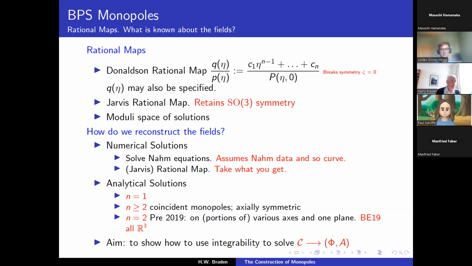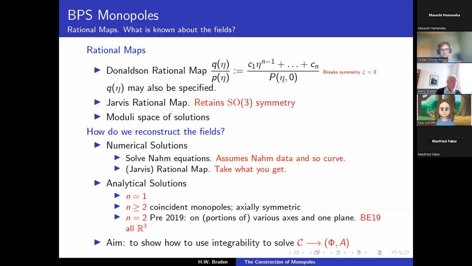I'm going to be more interested in analytical solutions. So for charge 1, we've written the hedgehog. For charge 2, Prasad and Rossi did it. For higher charge axially symmetric monopoles, Prasad and Rossi did it.